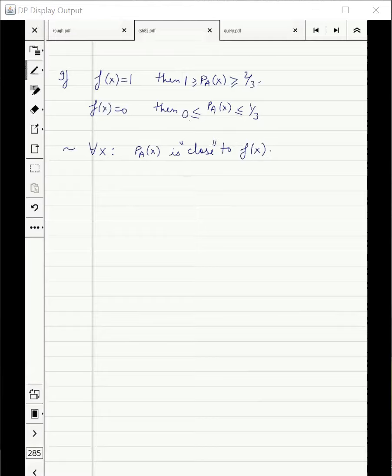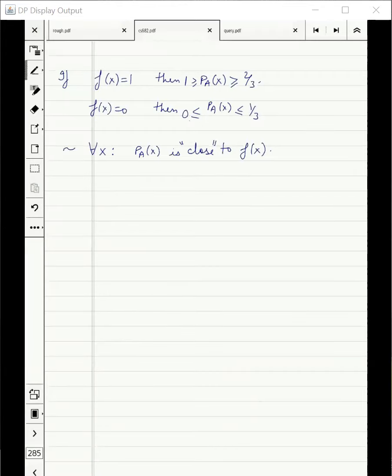If f of x is equal to 1, then PA of X is more than 2/3, less than 1, it is very close to 1. Similarly, if f of x is 0, then PA of X is between 0 and 1/3. It is again close to 0. If I know PA of X, then I will get f of x.